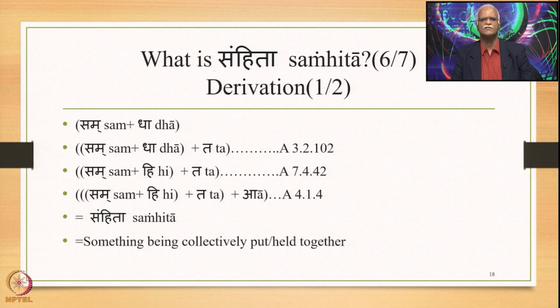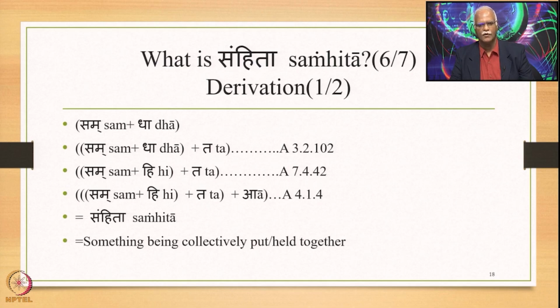Let us look at the word samhita in light of the explanation that we have studied so far. The word samhita is derived by the verbal root dha together with the preverb sam by adding the suffix ta and the feminine a. So, sam, dha and ta. Ta in the sense of karma can also be in the sense of bhava.